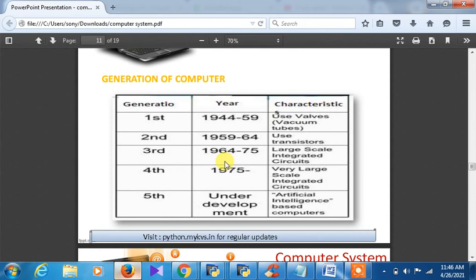Then all those transistors have been further integrated along with other electronic parts like capacitors and form the integrated circuits. And finally these integrated circuits have been further integrated to form the VLSI chips, that is called very large scale integrated chips.